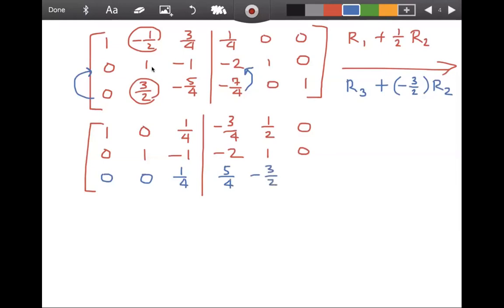And 1 plus negative 3/2 times 0 is still 1. All right, we're getting there. So now we have to fix up column 3. We need to start by getting a 1 in this spot, and we're going to do that by multiplying row 3 by 4. So we like row 1 for now.